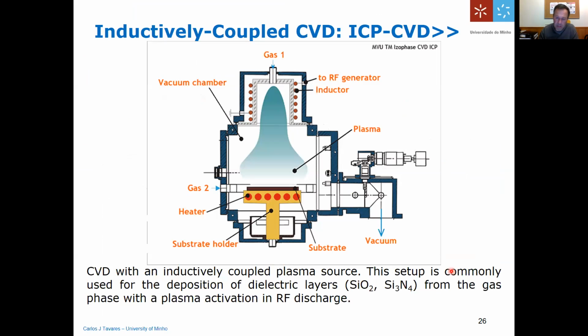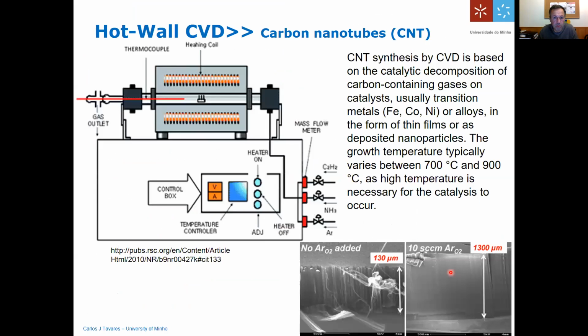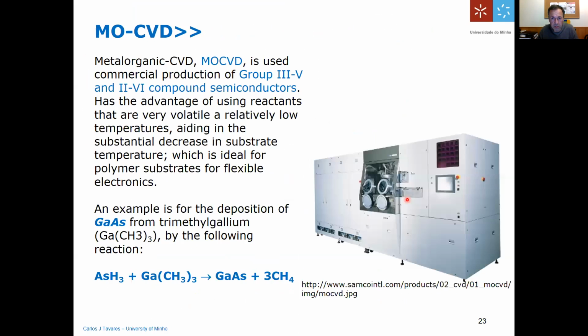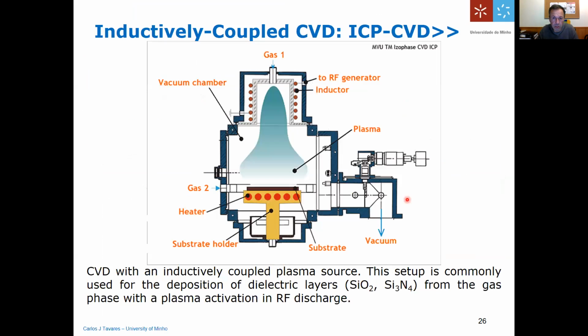It's actually similar to what I've shown you before for the low pressure CVD here. Okay, you will need an activation of the plasma using an external circuit. But here, remember that you are using silane, so you will need a higher activation energy.